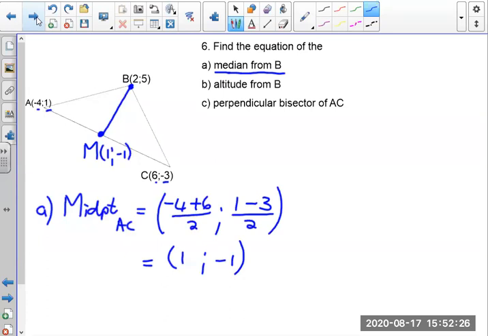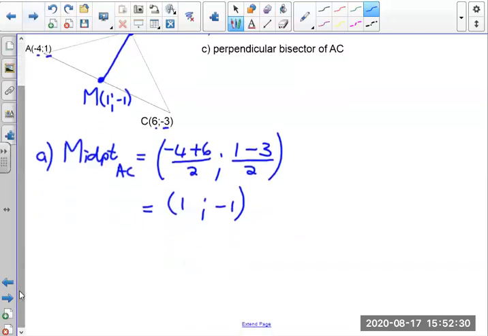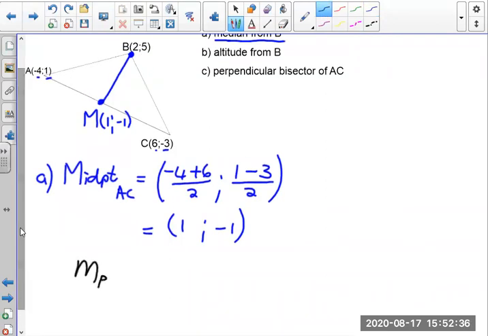And now I want the equation through B and M. So the next thing that I must calculate is the gradient of BM. Gradient is y minus y over x minus x. So 5 minus 1 over 2 minus 1, which gives me a gradient of 6 over 1, which is 6.